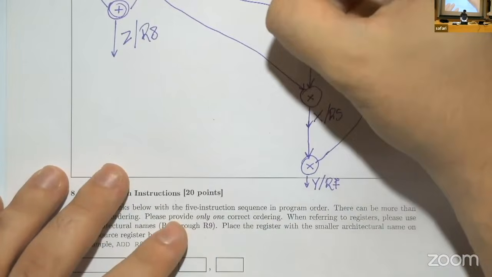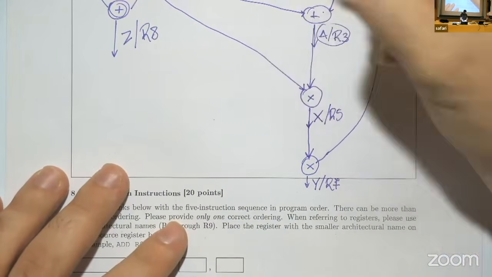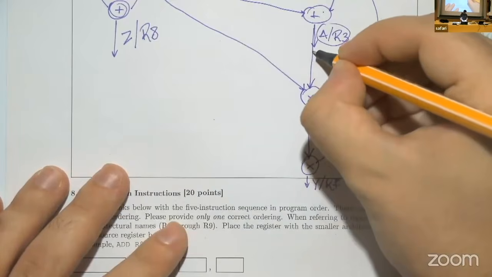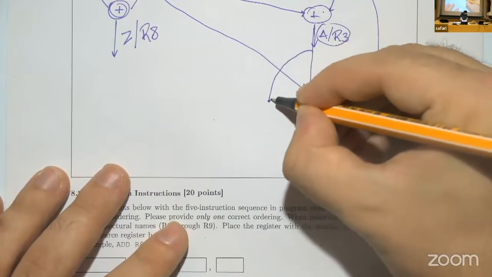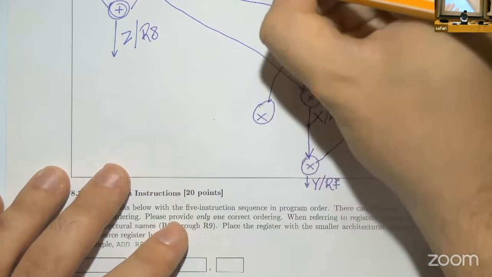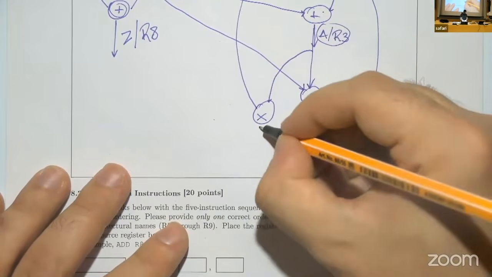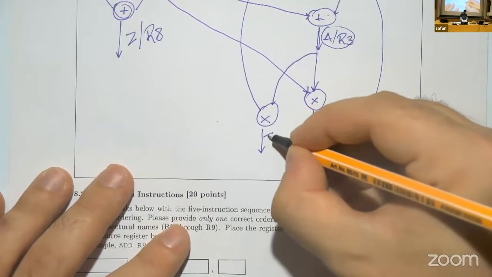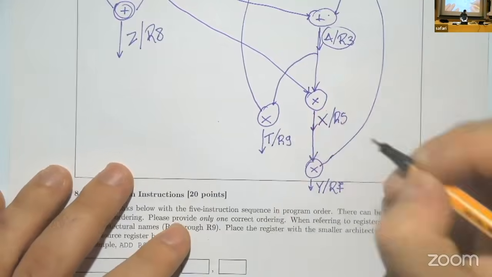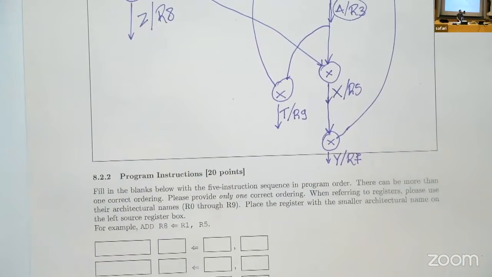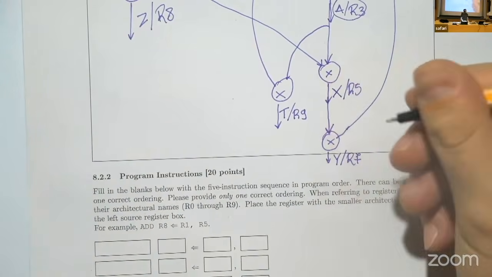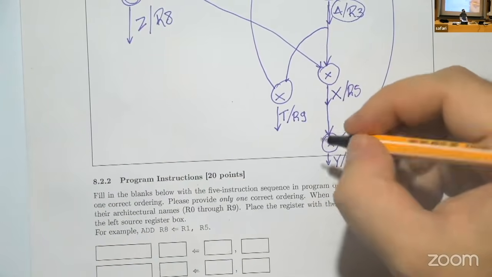So you multiply R6 with R3, and you get the result T, R9. So right now we have all the 5 nodes that we need, which correspond to 5 different instructions.